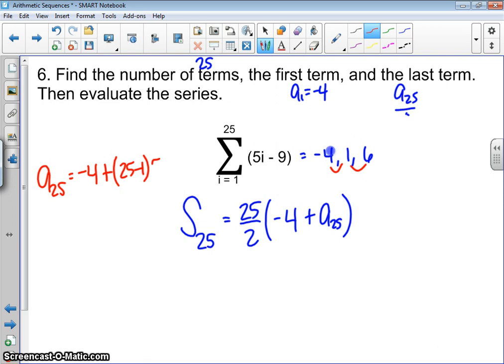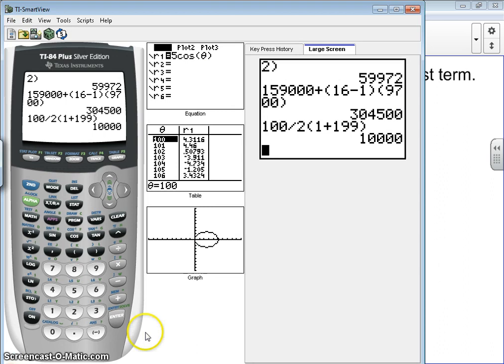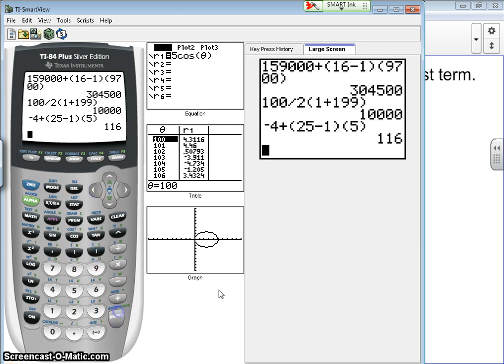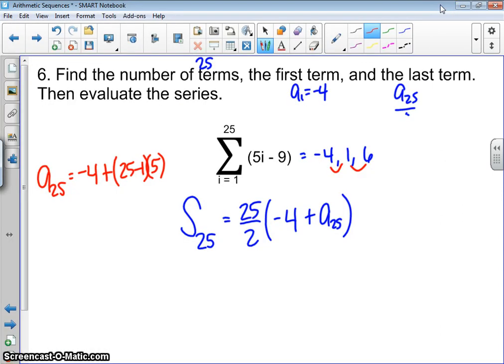And the common difference here is a positive 5. And so I'm going to go plug this into my calculator and see what I get for the 25th term. So negative 4 plus 25 minus 1 times 5. Ooh, I need parentheses. And so then I get 116 as my A25 number.